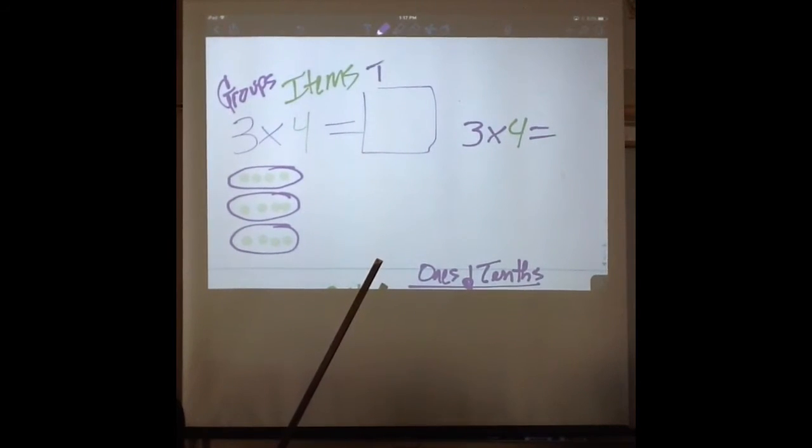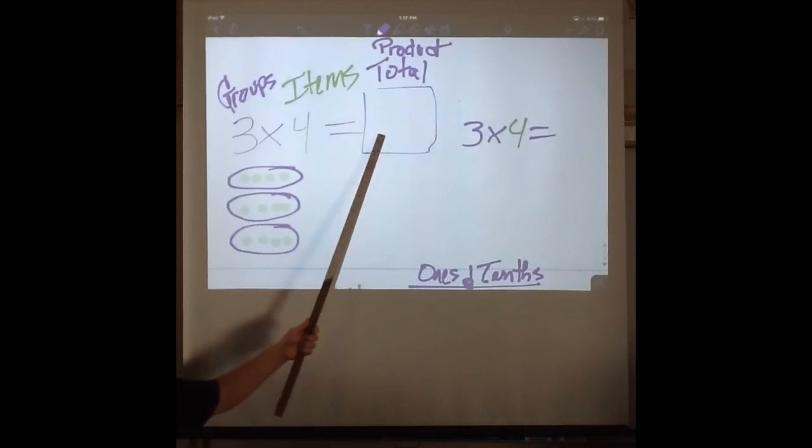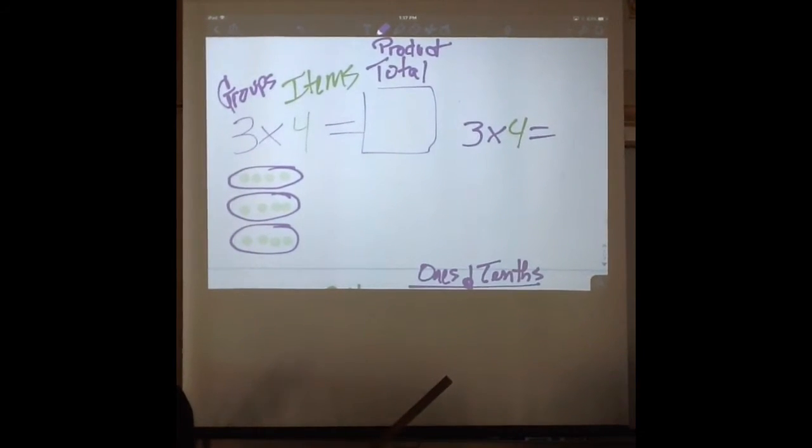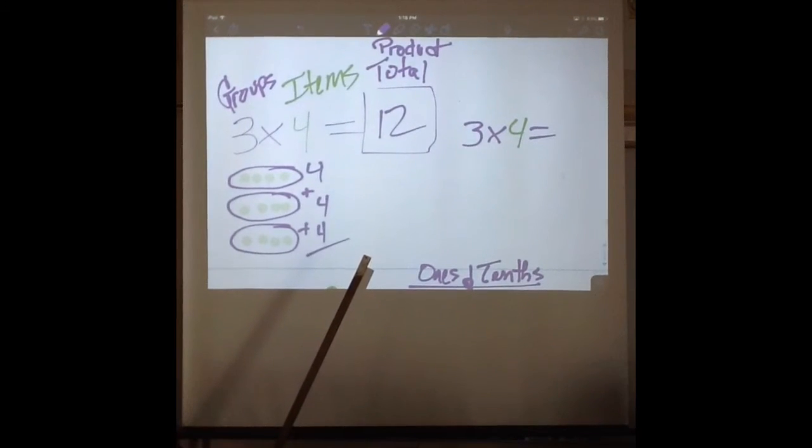We call it the total, or it's called the product if we are talking about multiplying, right? So what is our total going to be? 12, because this 4 plus this 4 plus this 4 is 12, right? 4, 8, 12. Make sense?